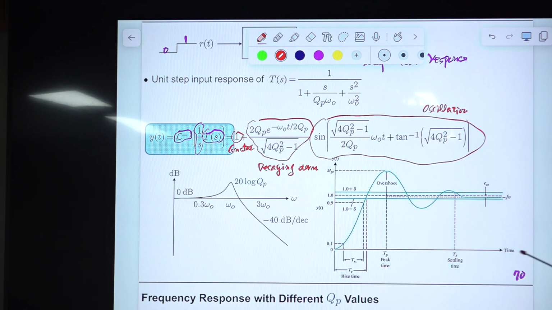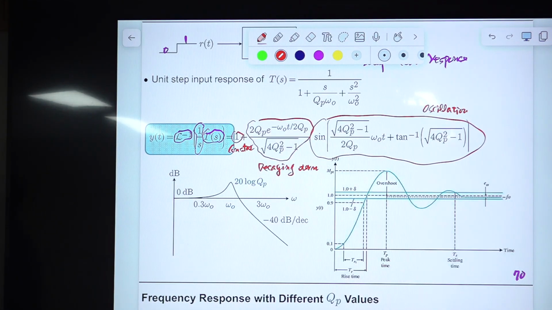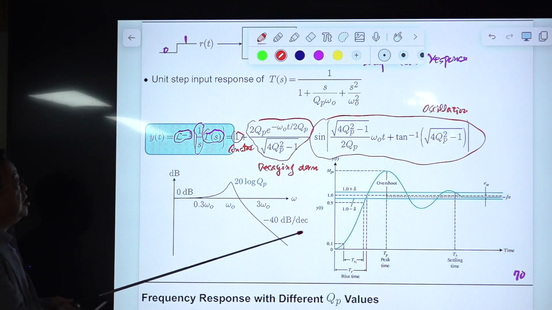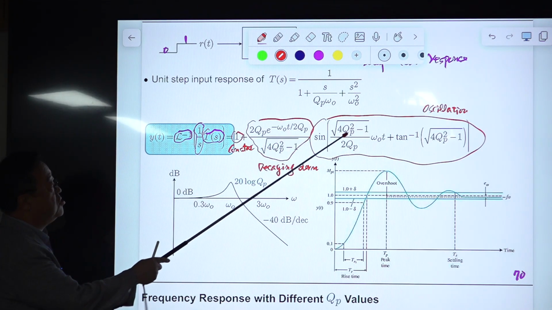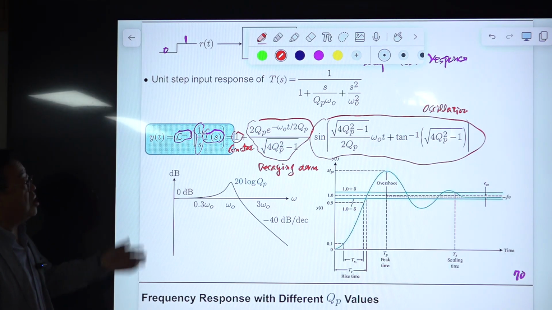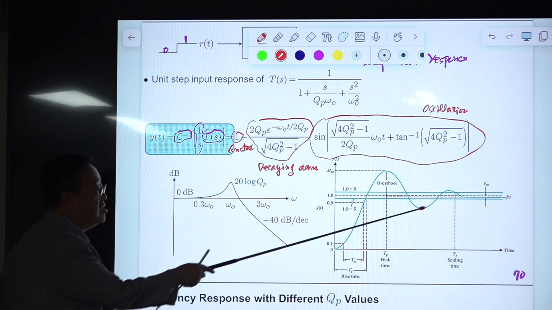So you don't have to remember this, and you don't have to practice to derive this, just know this fact. There are 3 terms, and this is the steady state term, and it is the multiplication of constant frequency, constant magnitude sinusoidal oscillation multiplied by decaying terms, so it dies out like that.